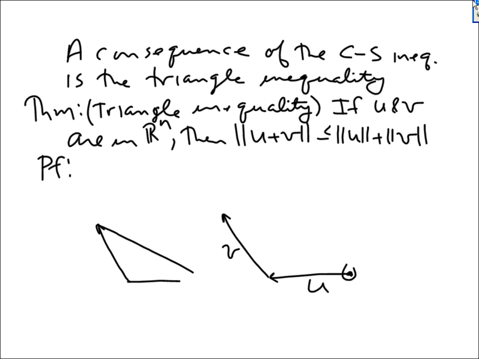So from here to here, since I went from tail to head, and then from tail to head, that resultant vector is u plus v. But we know that the third side of a triangle can't be bigger than the other two sides.